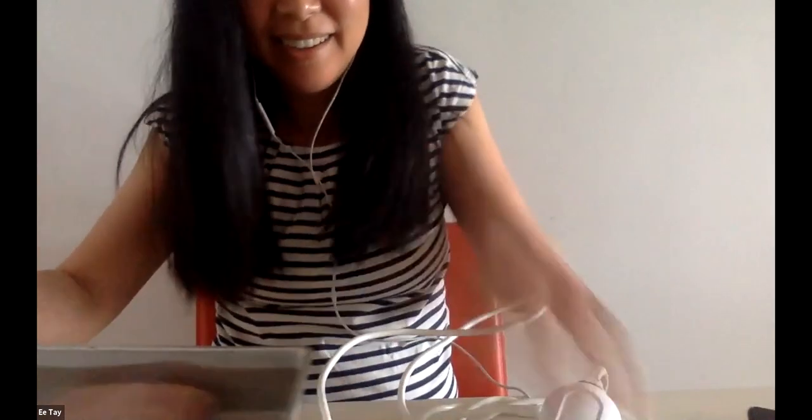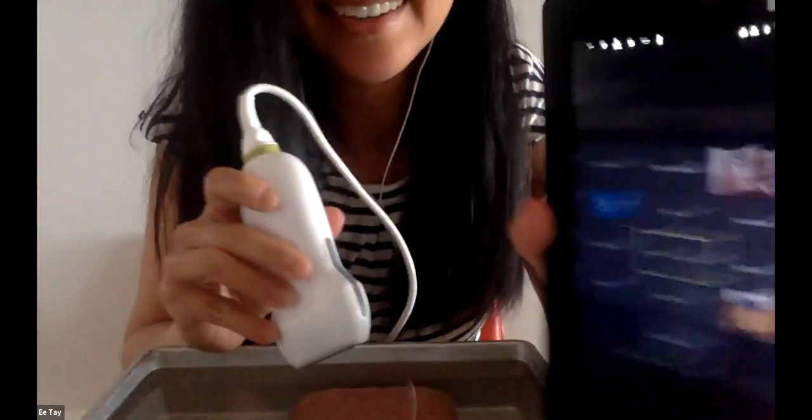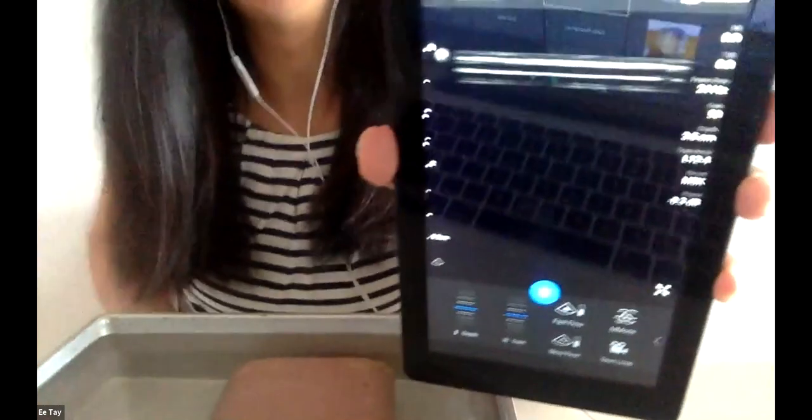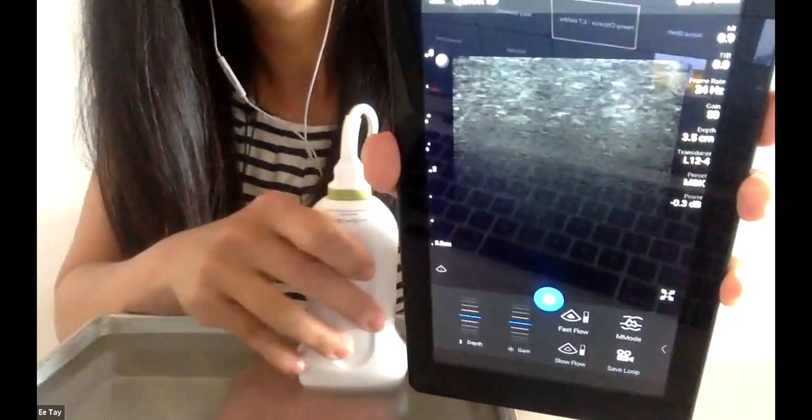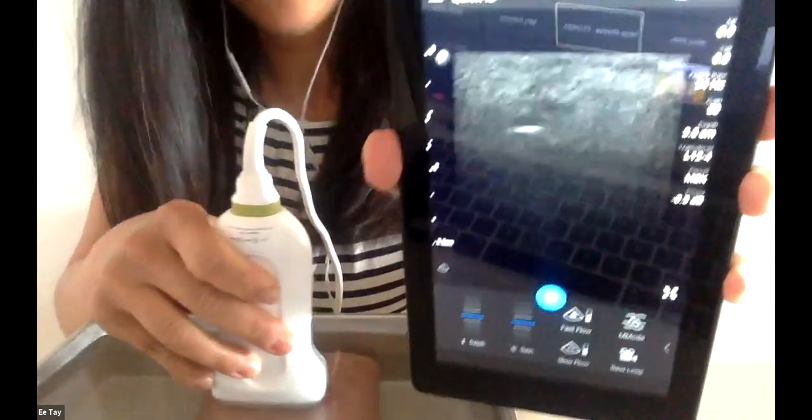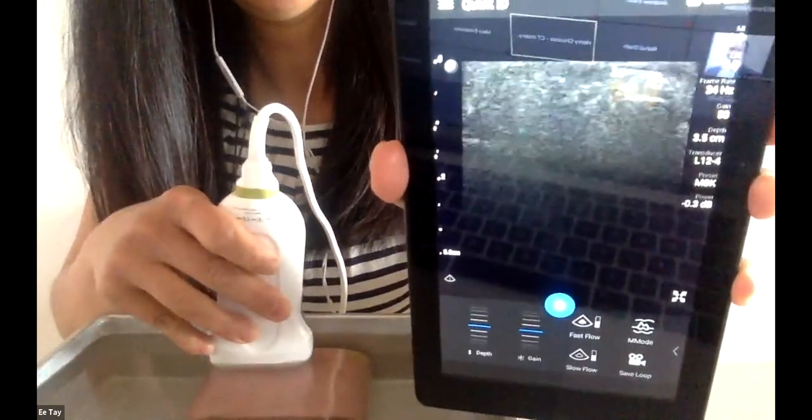Next I have spam. Don't tell the people at Lumify that I'm doing this. Okay, so this is spam, and I'm trying to find my vein.